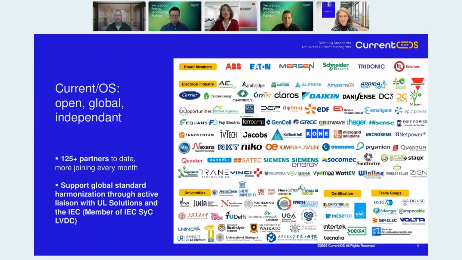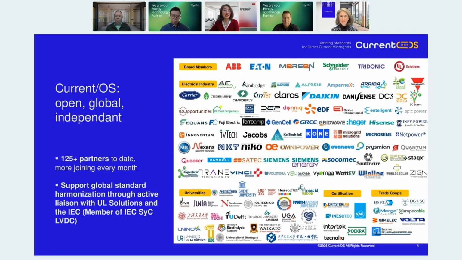This partnership brings together industrial leaders, manufacturers, integrators, universities, certification bodies, and even trade groups across North America, Europe, and Asia Pacific. This ensures both technical depth and global applicability.